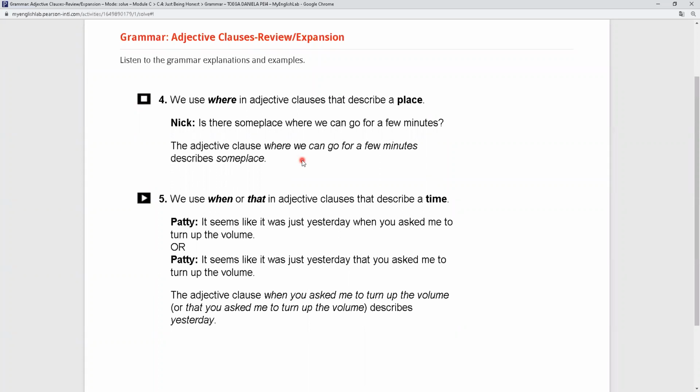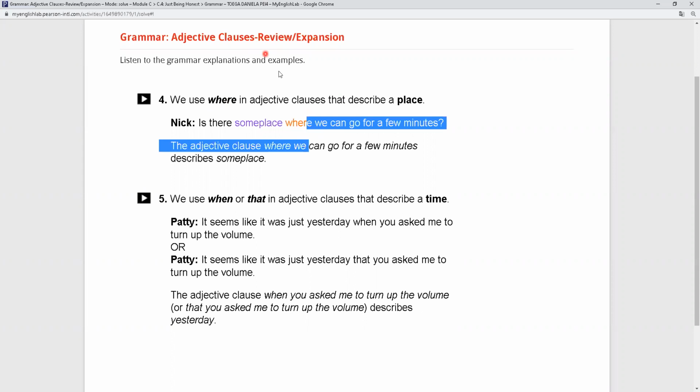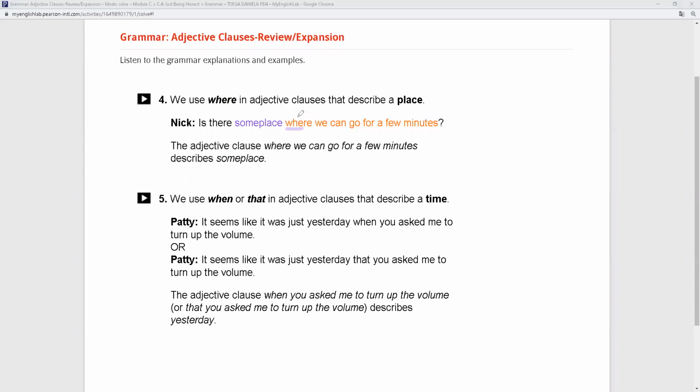We use where in adjective clauses that describe a place. Is there some place where we can go for a few minutes? The adjective clause where we can go for a few minutes describes some place. We're going to use where, the relative pronoun, because I'm describing a place, and this is the adjective clause.